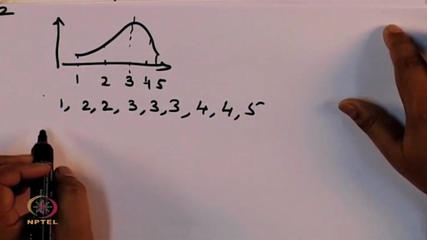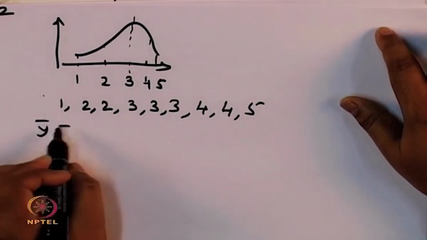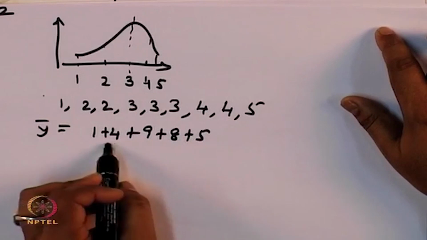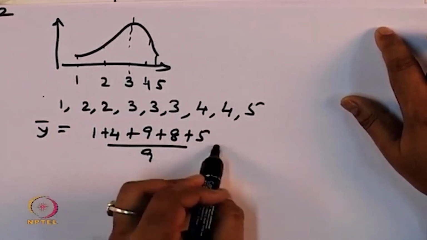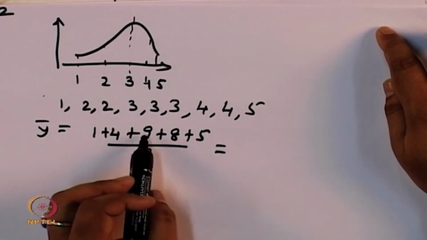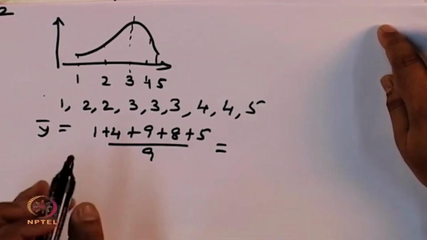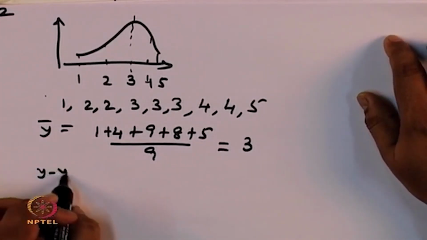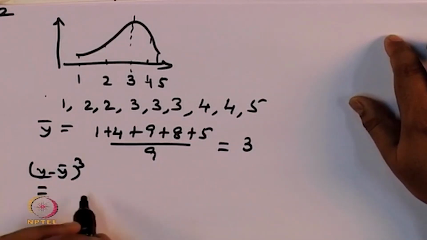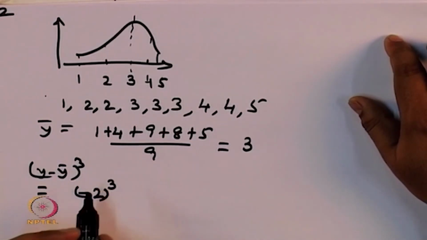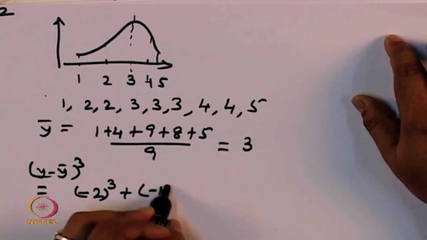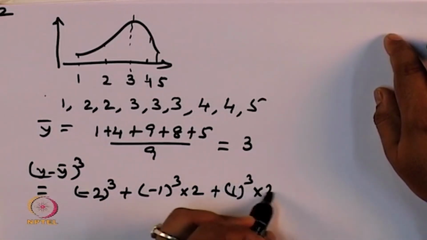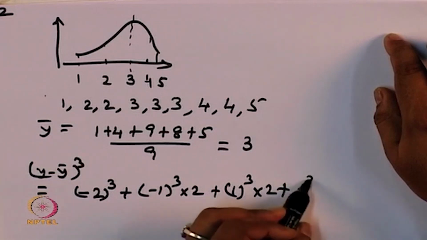Okay. So, let us calculate the mean. y bar is going to be 1 plus 4 plus 9 plus 8 plus 5, over 9 numbers, which is 5 plus 5 is 10, 9 plus 10 is 19, plus 8 is 27. So, y bar is nothing but 3. Now, y minus y bar whole cubed will give me minus 2 whole cubed, plus minus 1 whole cubed into 2, plus 1 whole cubed into 2, plus 2 cubed.